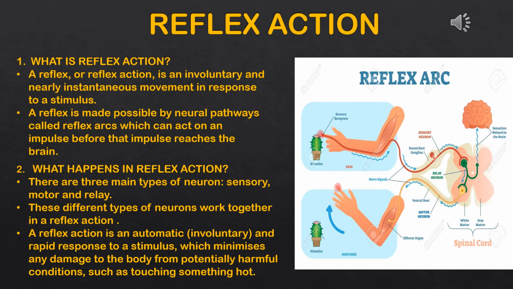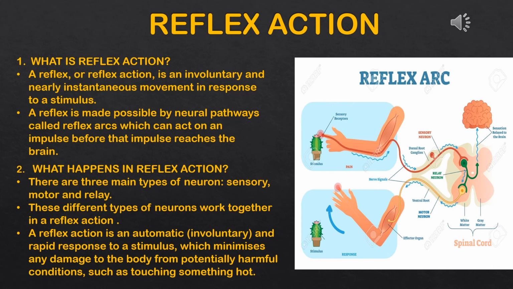These different types of neurons work together in a reflex action. A reflex action is an automatic, involuntary and rapid response to a stimulus, which minimizes any damage to the body from potentially harmful conditions, such as touching something hot or touching something like a cactus plant.